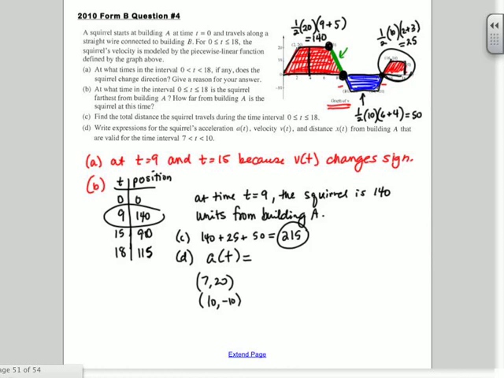So 20 minus -10 over 7 minus 10. So you get 30 over -3. So you get -10. Okay, that's your acceleration. So if I have the acceleration, how do I find the velocity?